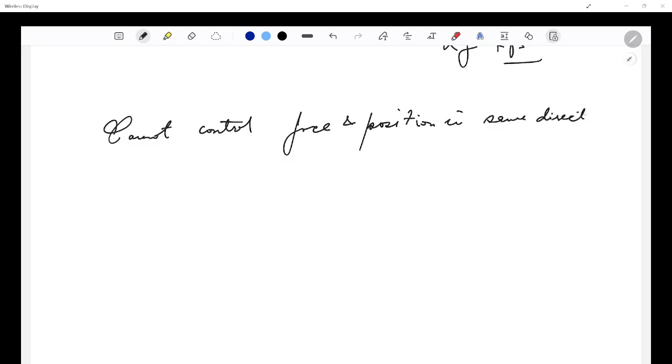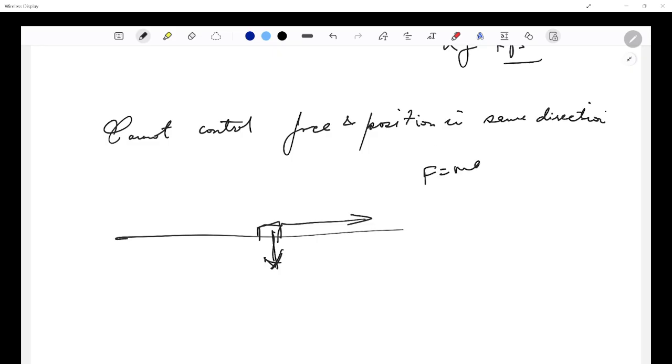For example, if you are using a duster to wipe a blackboard, you can apply a force normal to the board, but you cannot control the velocity in that direction. Velocity is being controlled in the other direction. We already know that force is equal to mass into acceleration. If we define the force, we have defined the acceleration and hence the velocity. So you cannot control both together in the same direction.